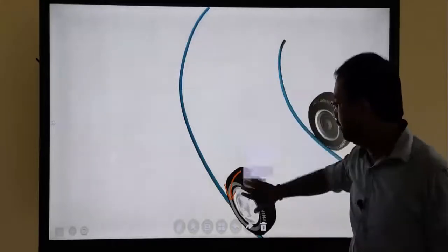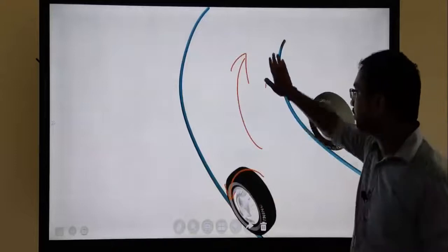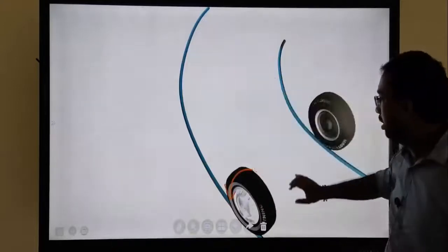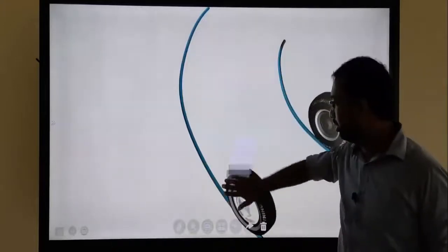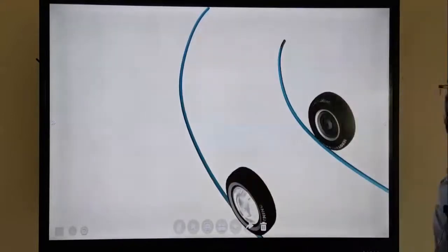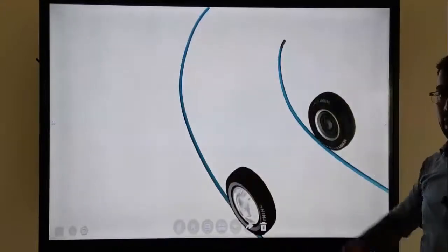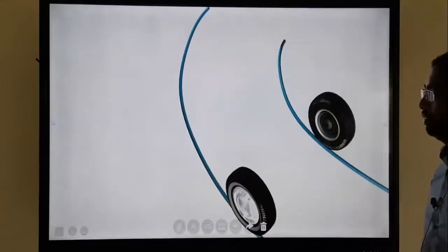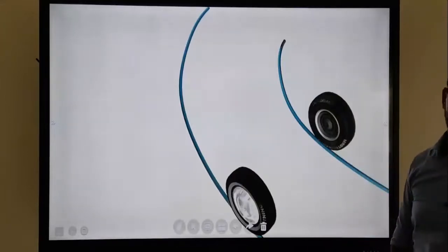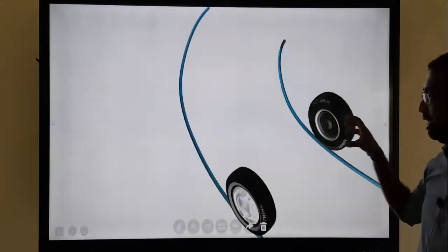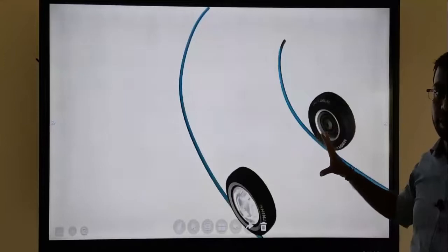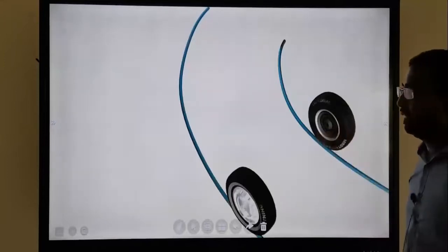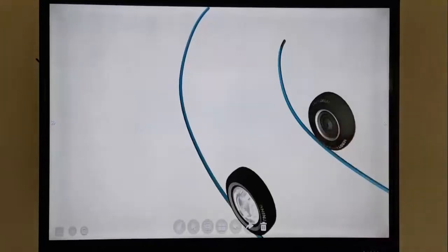Otherwise, if these wheels rotate at the same speed when we turn our steering, what will happen? The vehicle is going to slip. To avoid this skidding, the differential is used.